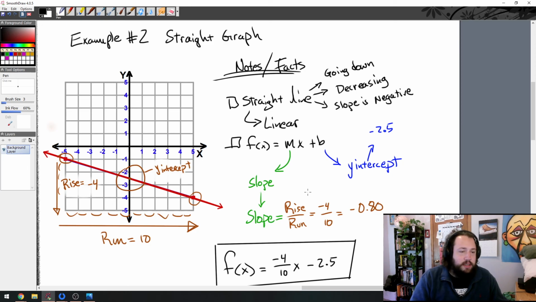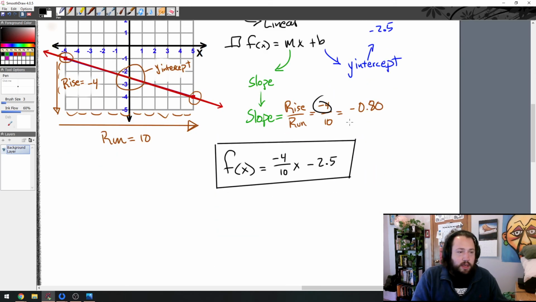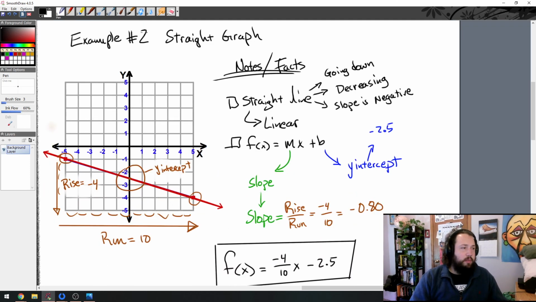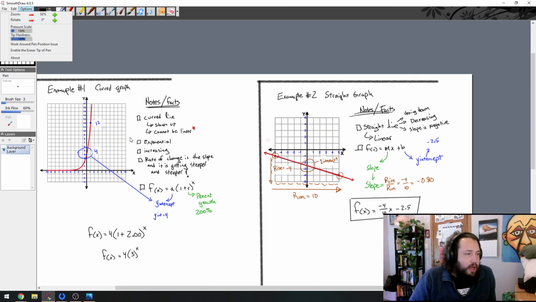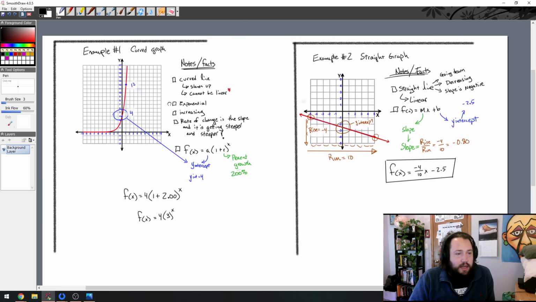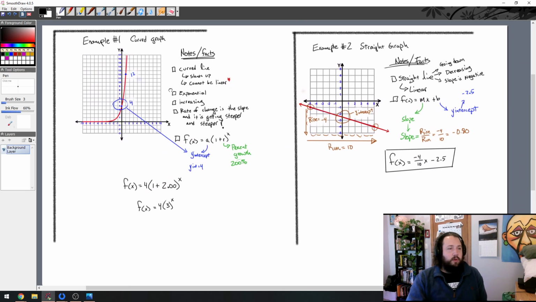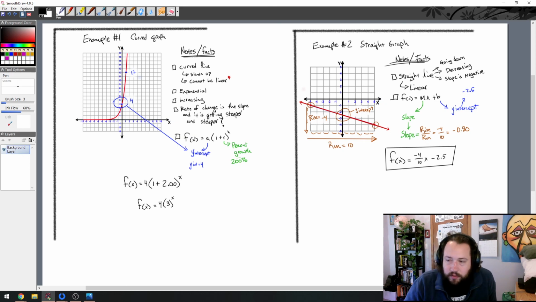And do we see a negative slope? Yes, we do. We actually see a negative slope. So that would be the way that I actually look at how to find the graph and equation buddies for different types of graphs. I hope that helps.